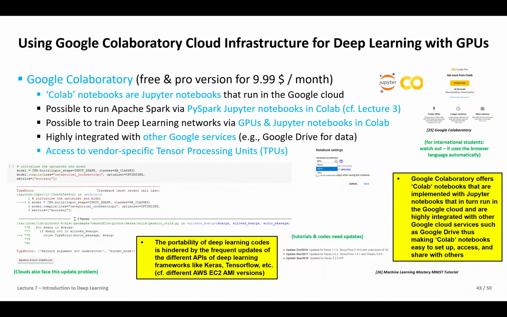And for those of you who want to experiment with this a little bit, you see here the Google Collaboratory cloud infrastructure that is for free. And if you spend just $9.90, then you get even somewhat more sophisticated GPUs and so on. But think about that the source codes that you had here and there cannot always be put from one system to another. This is a problem with porting we were talking about earlier.